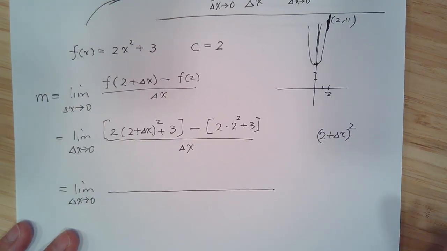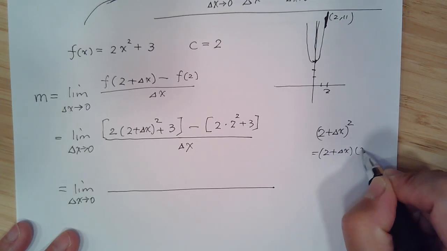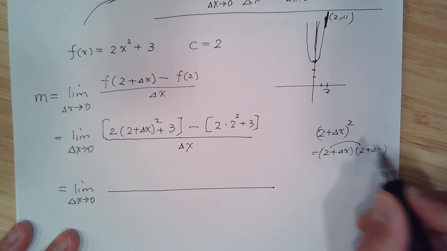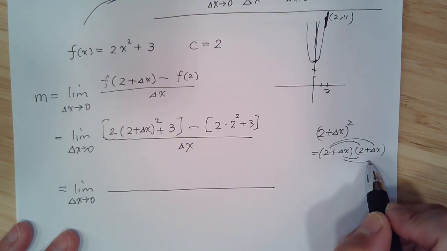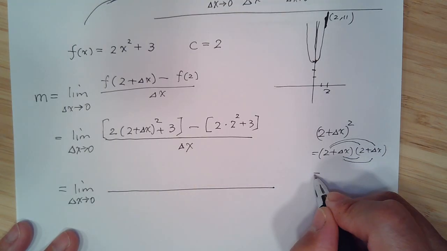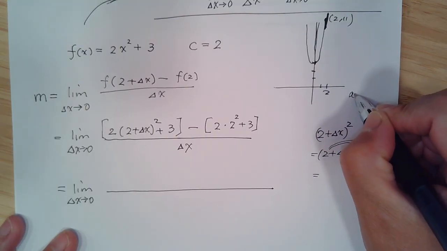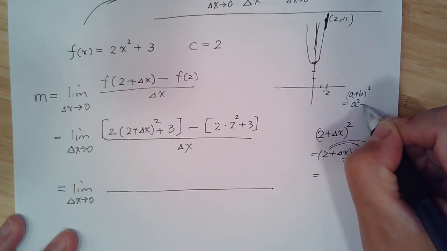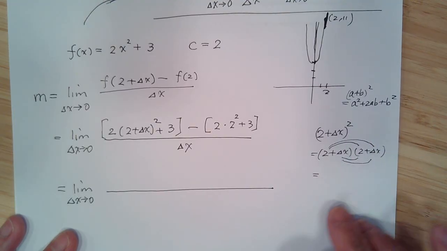You can do (2 plus delta x) times (2 plus delta x), and then you do FOIL: first times first, outer times outer, inner times inner, and last times last, and combine it. Or you can use the formula to get the answer. The formula, I just write it very small here. If you know that, then you can use it. If you don't use FOIL, that's okay. So that's a squared plus 2ab plus b squared. If you expand that, you should get it.